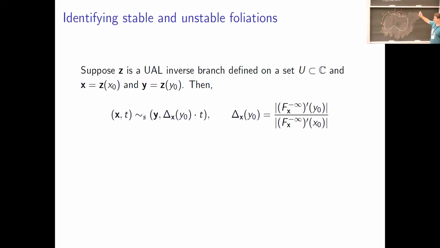So, okay, before I explain this, let me make a picture to illustrate what's going on. To illustrate Babillot's theorem, let's look at the cat map. This is the Arnold cat map. You have seen it before. It acts on R2 mod Z2. In this case, the stable foliation looks like this.